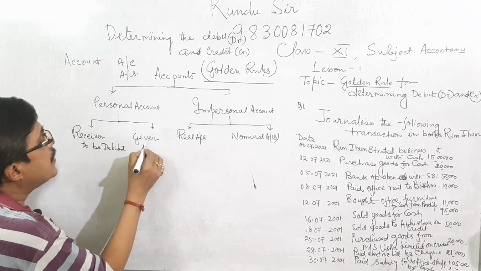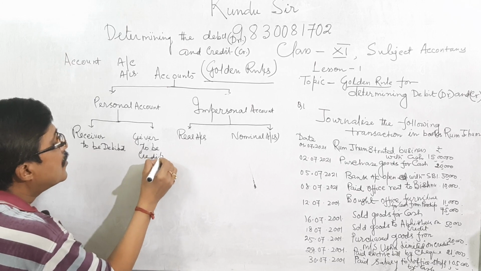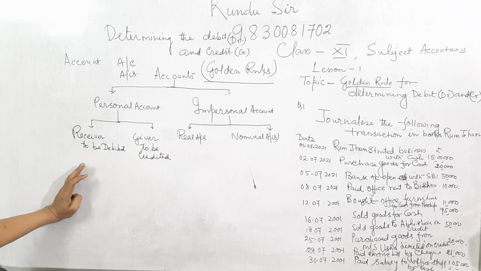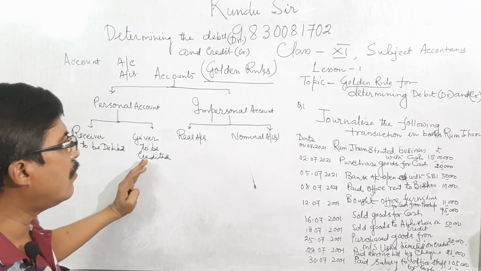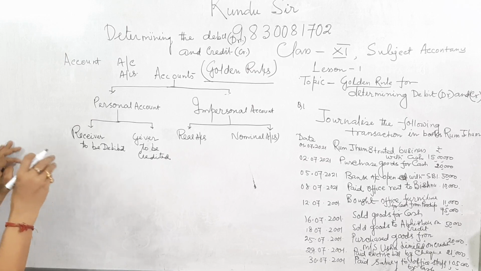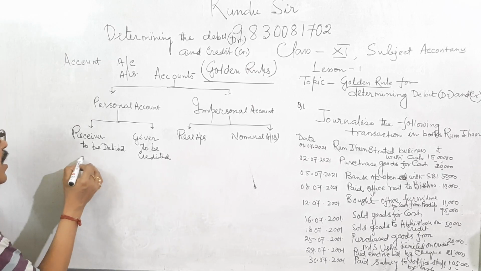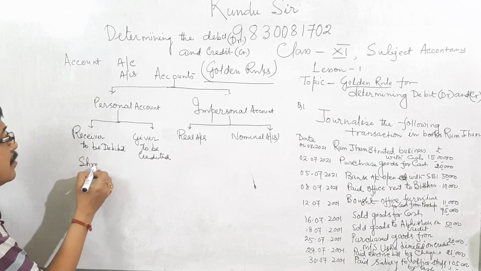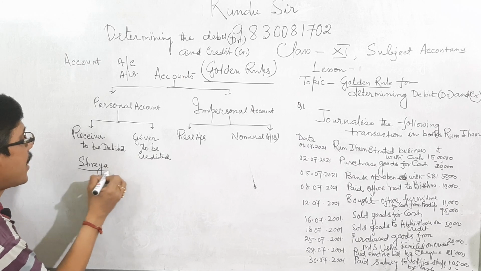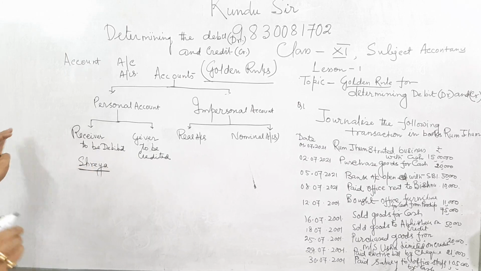For a personal account, the receiver is debited and the giver is credited. So, we are giving some money to Shreya. Shreya is getting money from you.